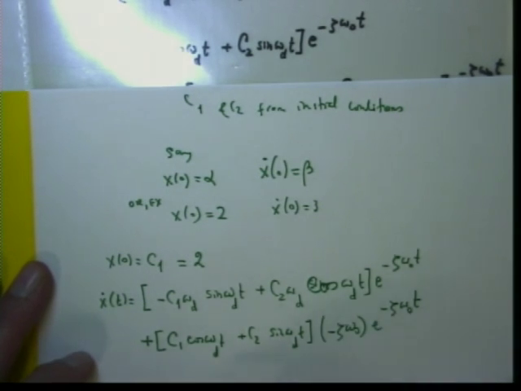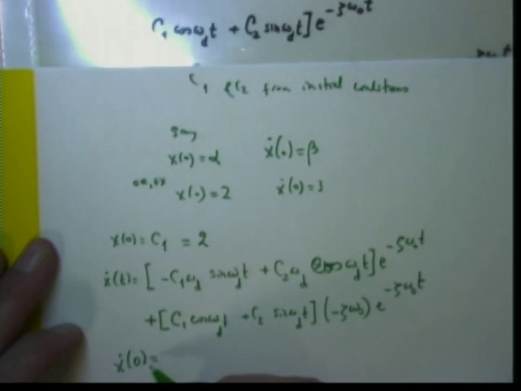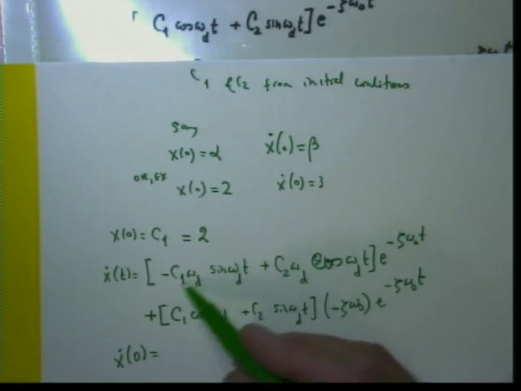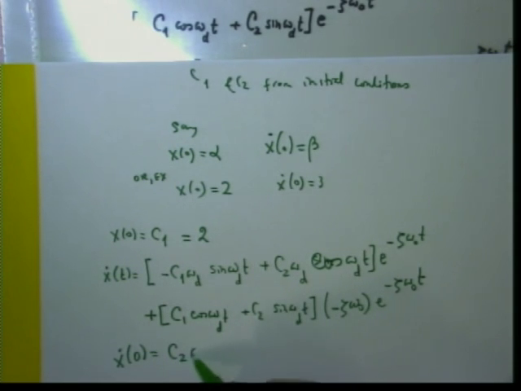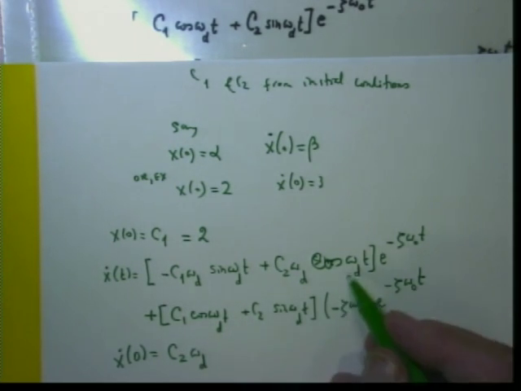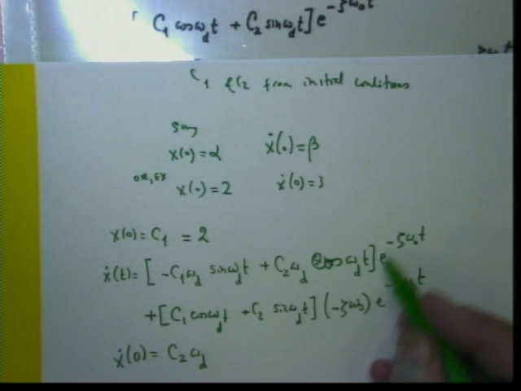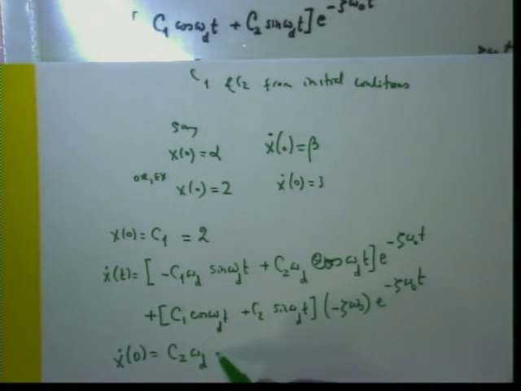Okay, now I'm substituting x dot 0 equals. This thing is gone, so I'm left with C2 omega sub d, and this is 1. This is also 1. Then plus C1. This is 1, this is 0, and this is multiplied by minus zeta omega sub 0.